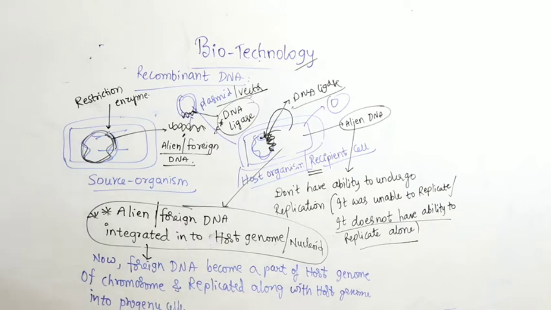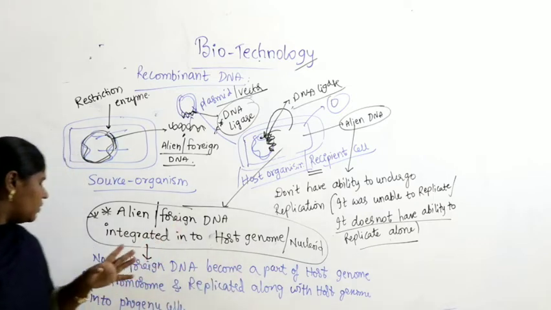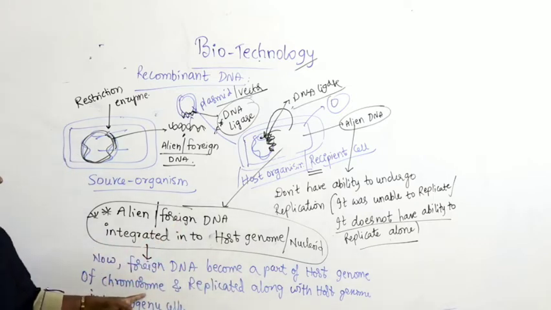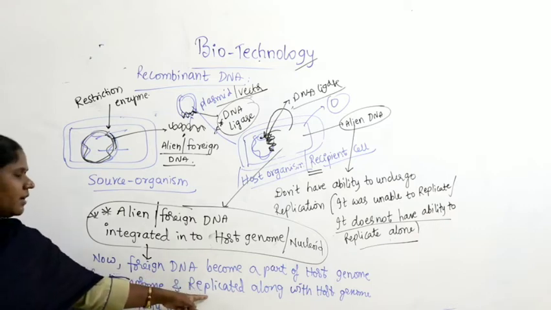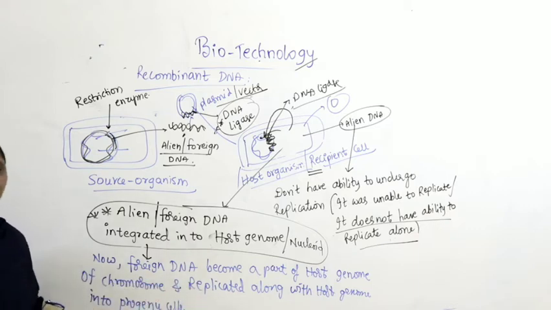cells. Okay, so what is it that we are studying here? A foreign DNA became a part of the host genome or chromosome, and underwent replication along with the host genome and was transferred into progeny. What is the meaning of this part here?